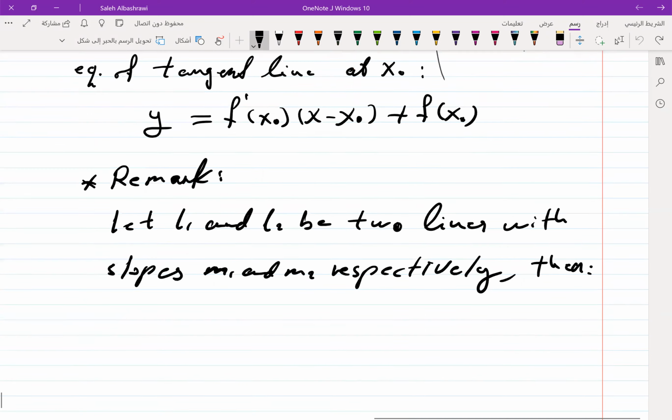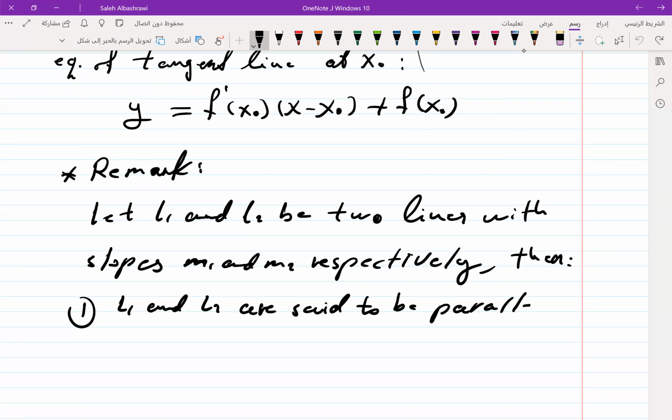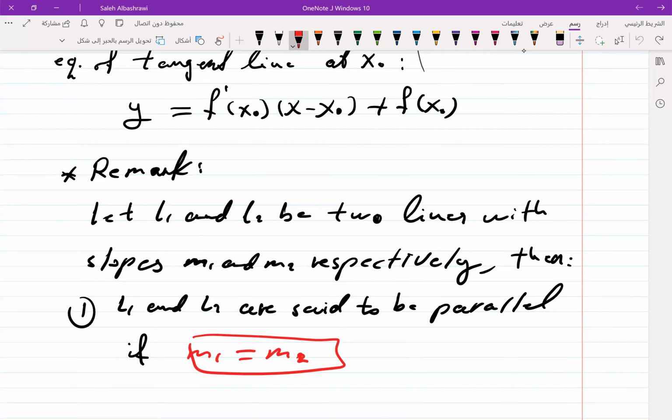Then we say that the two lines are parallel. Number one, L1 and L2 are said to be parallel if the two slopes are equal, m1 equal to m2.